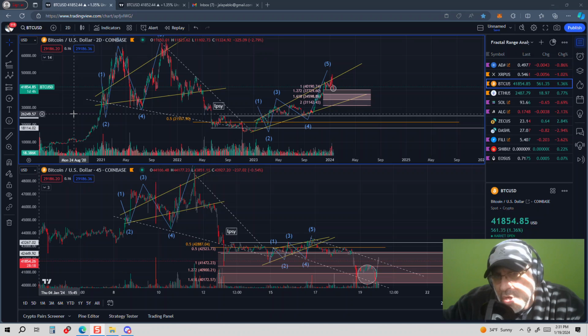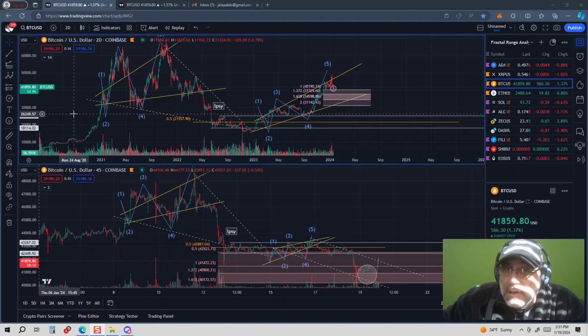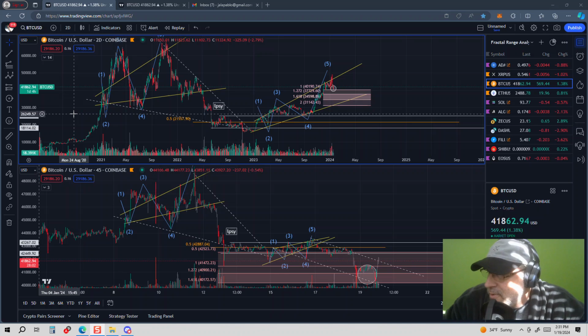The whole idea is that what goes on in the micro eventually manifests in the macro with strikingly similar wave patterns and geometric structures that we can readily identify as either bullish or bearish. So anyway, check it out. It's called Ethereum fractal range analysis.